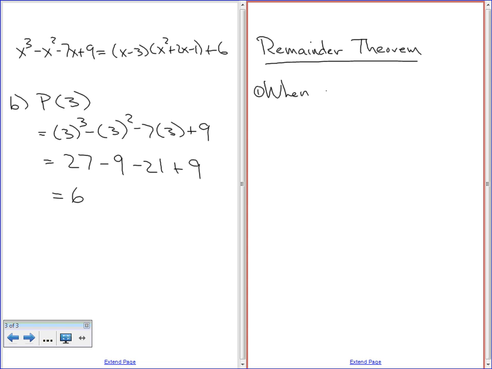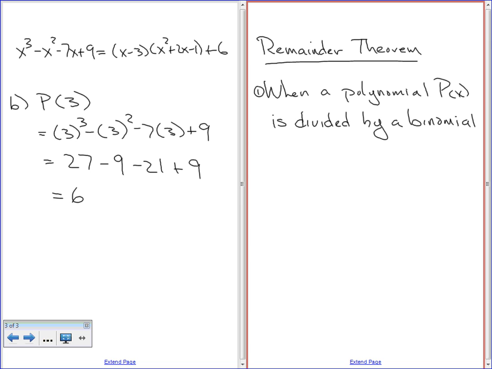So when a polynomial p of x is divided by a binomial, x minus a, then the remainder is p evaluated at that a value.